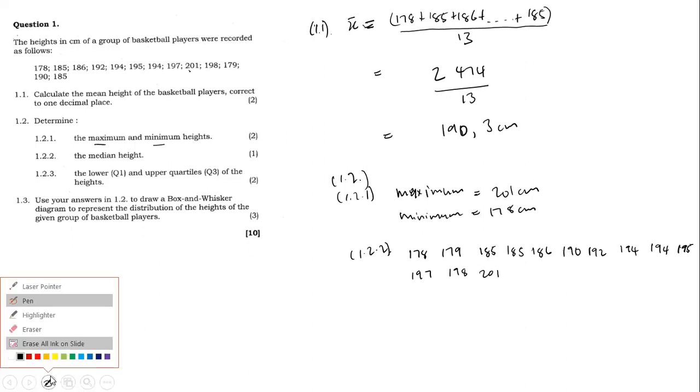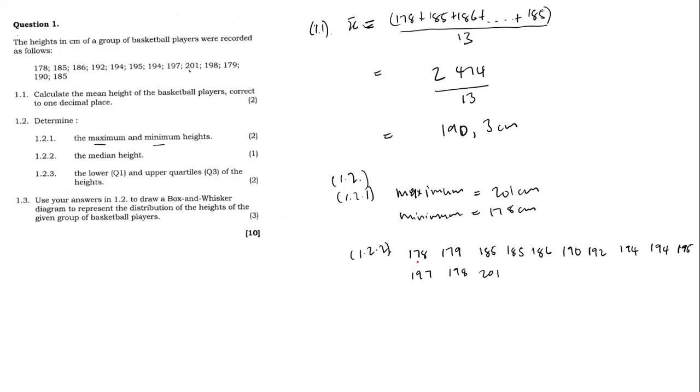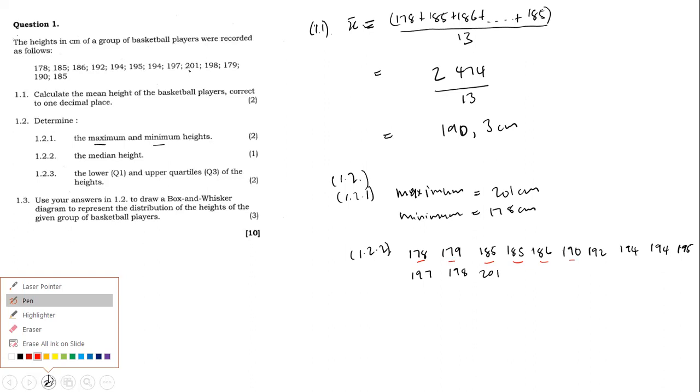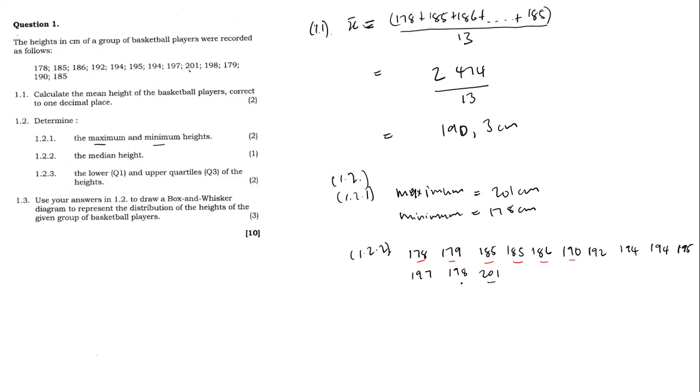So now let us try to locate the middle value in this data set. We have 1, 2, 3, 4, 5, and 6, right? First 6, because there are 13. I know I'm counting 6 because I know half of 12 is 6. And therefore, let us go for the other half: 1, 2, 3, 4, 5, and 6.